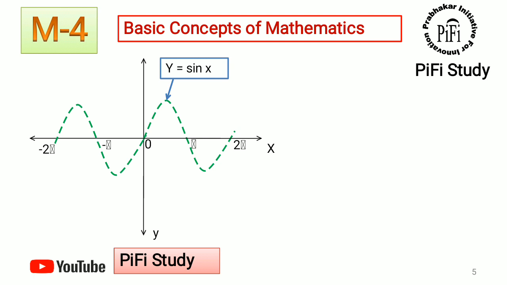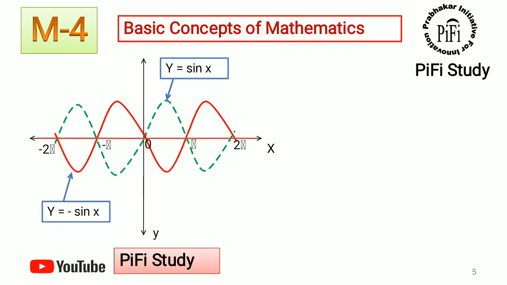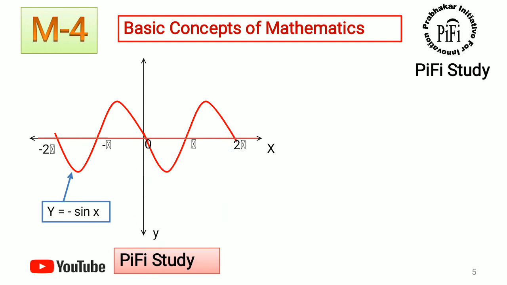Same concept: put a mirror on the x-axis and take the symmetry about this x-axis, then you will get the plot like this, y = -sin x, which is shown by the red line. Then do not consider the original graph, so remove the y = sin x graph. The plot shown in this figure is for y = -sin x.